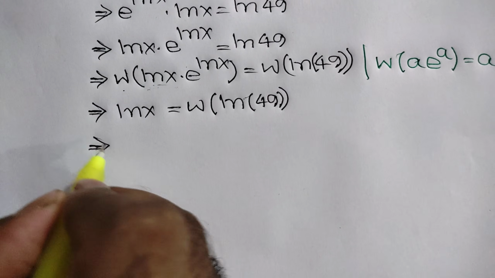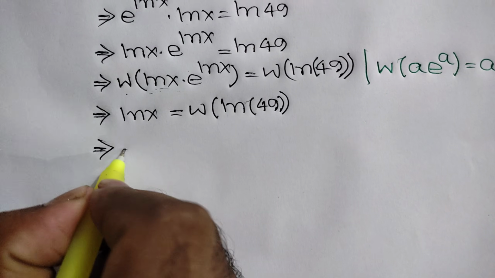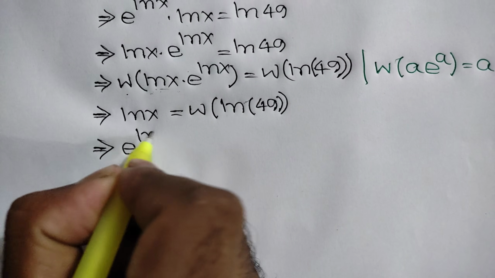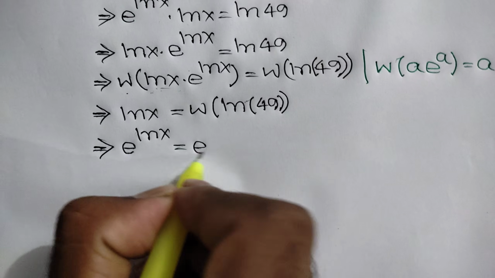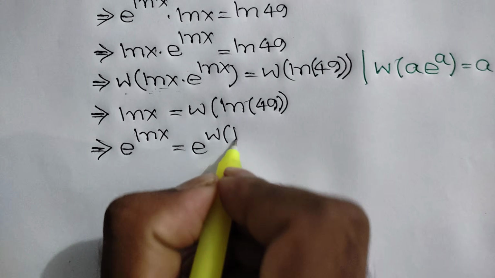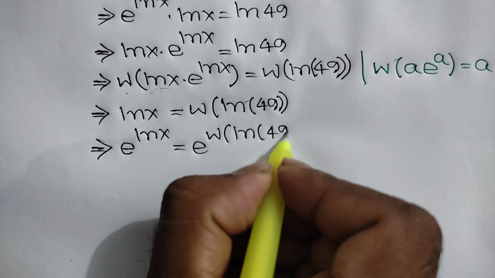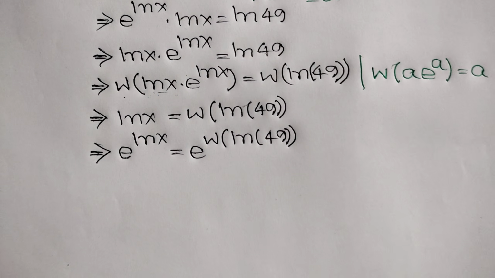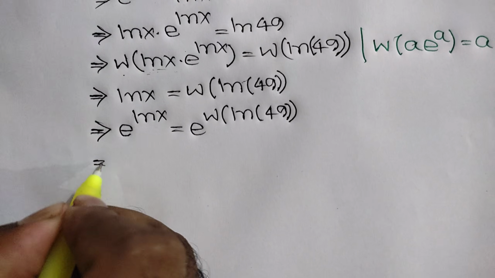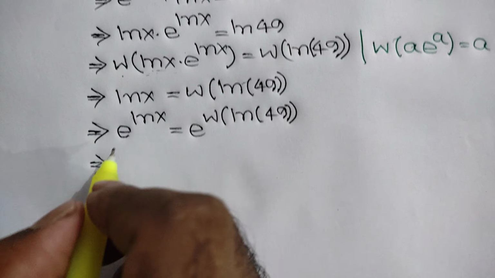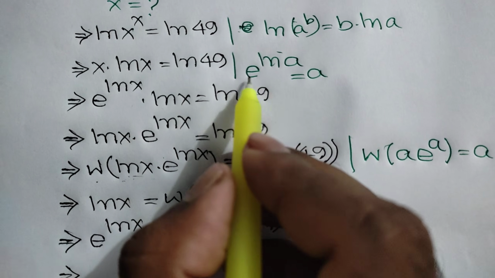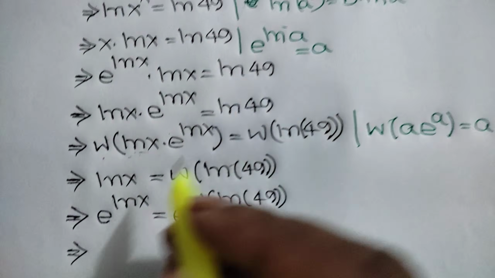Now taking base e on both sides, we can write e to the power ln of x is equal to e to the power W of ln of 49. Now we know that e to the power ln of a is equal to a.